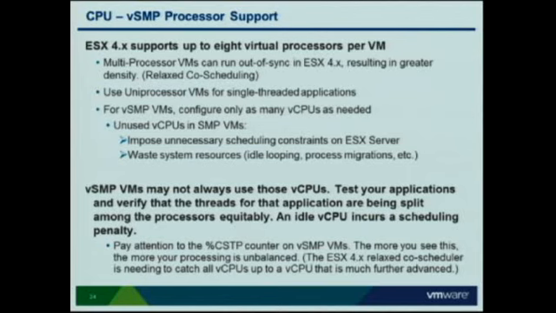Co-stop is a measure of how often we have to catch those virtual processors up. And in order to do so, we have to run all of them at the same time, or a vast majority of them at the same time in ESX5, because we relaxed it even further. So when you're looking at esxtop for an SMP VM, take a look at that co-stop counter and just make sure that you're not seeing a large percentage of it, because if you are, that's an indicator, not the be-all, but it's an indicator that you may have an unbalanced workload.